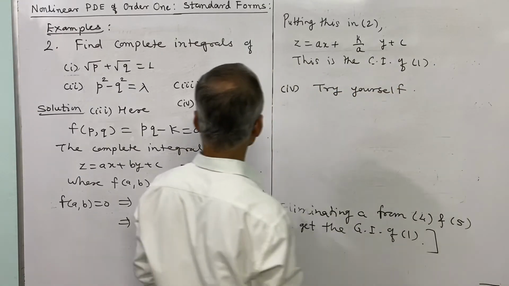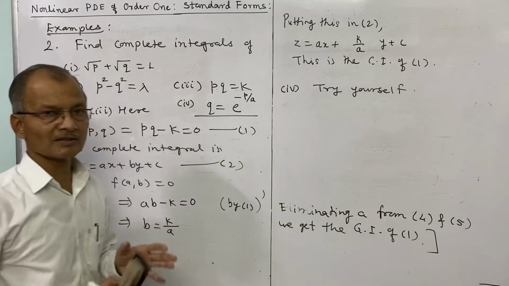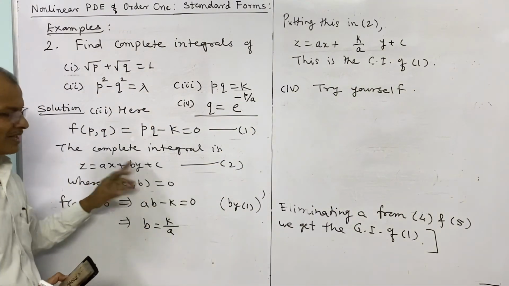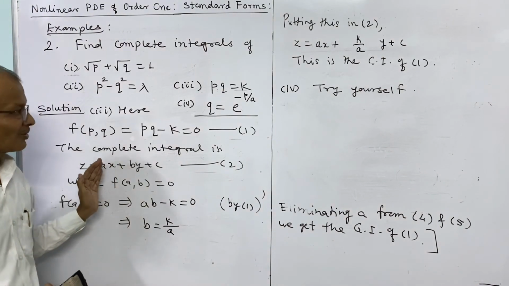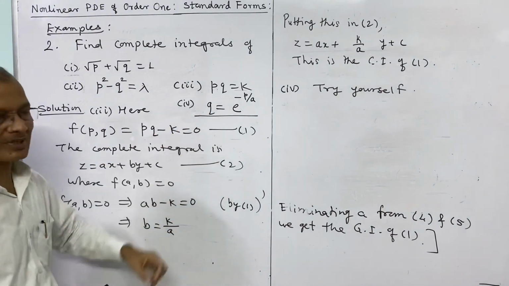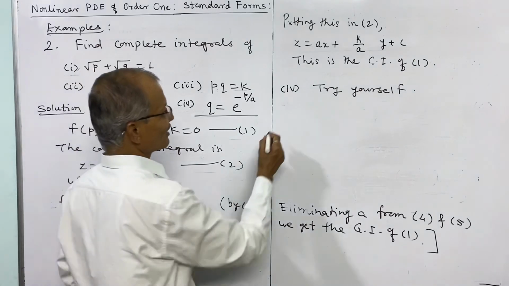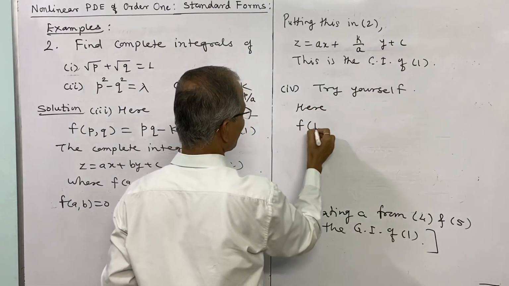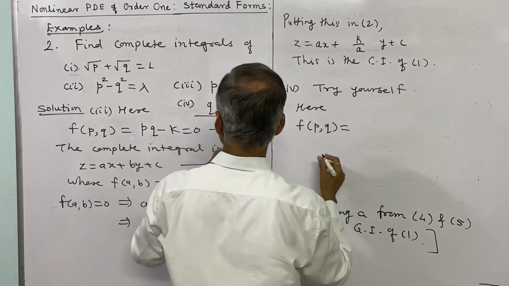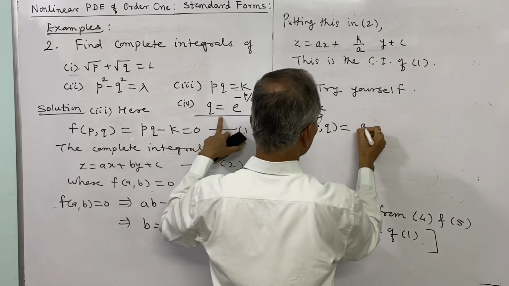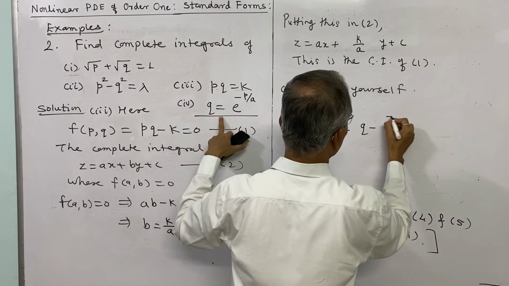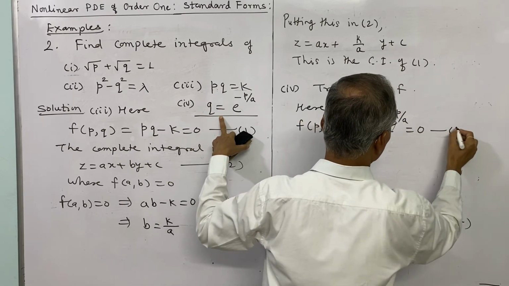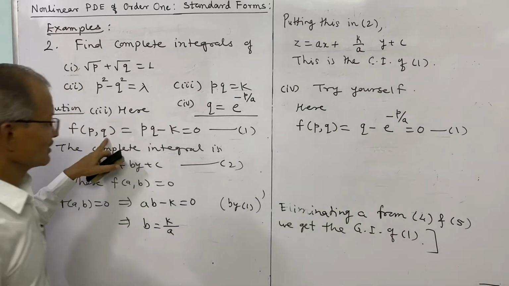Only the part we have to consider is that here a is used, and we are using a, b, c as arbitrary constants, so therefore we have to use other constants. The given equation is, we can write the function of p and q as q minus e power minus p upon a is equal to 0, that is 1.